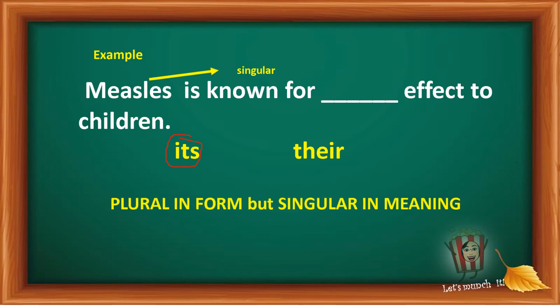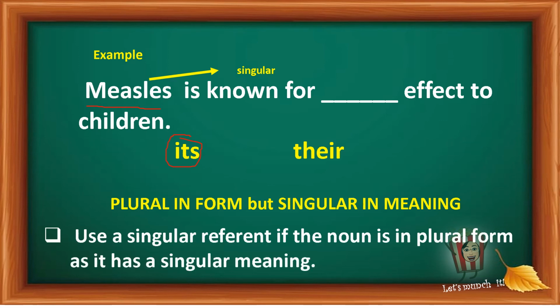In this one, we are talking about a subject which is plural in form but singular in meaning. Our subject here is the word measles. Measles is ending with S. It is plural in form, but it has singular meaning. What's the tip?